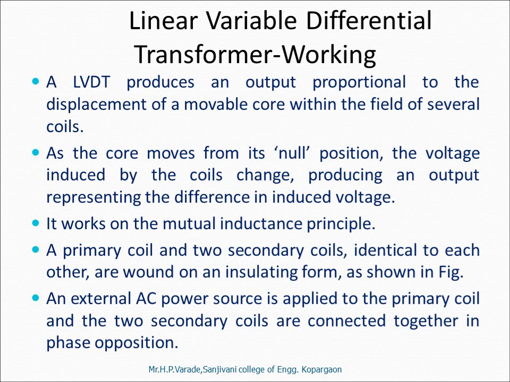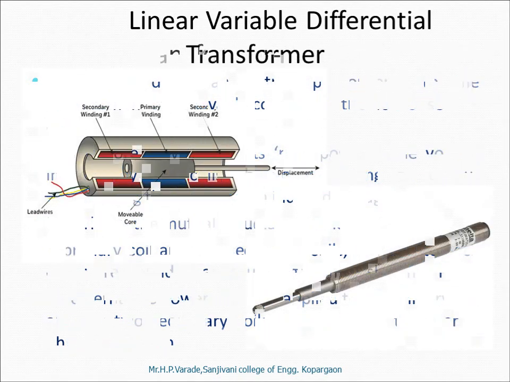A primary coil and two identical secondary coils are wound on an insulating form as shown in the figure. An external AC power supply is supplied to the primary coil and the two secondary coils are connected together in phase opposition.